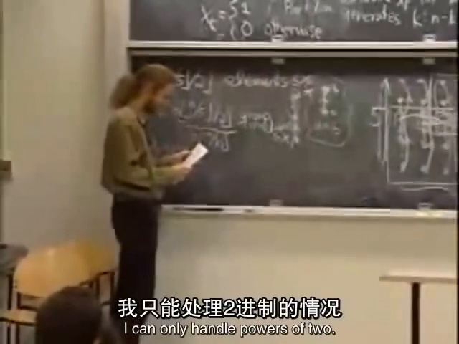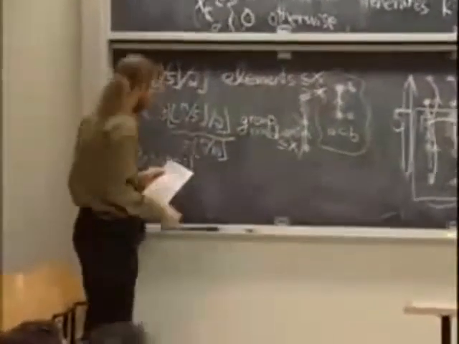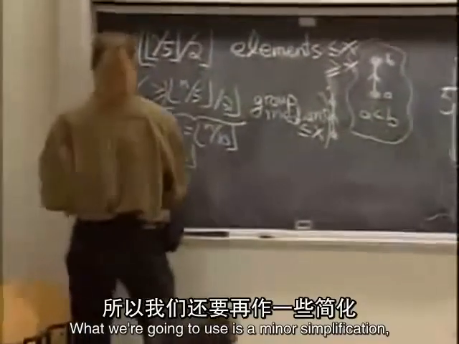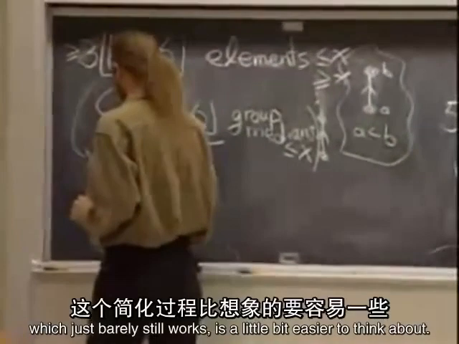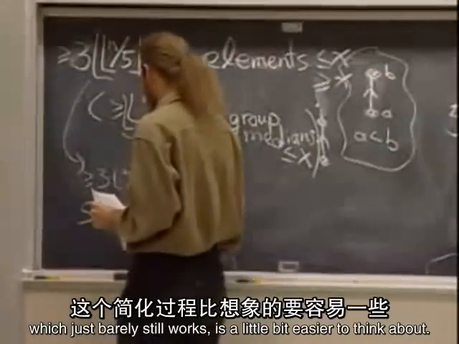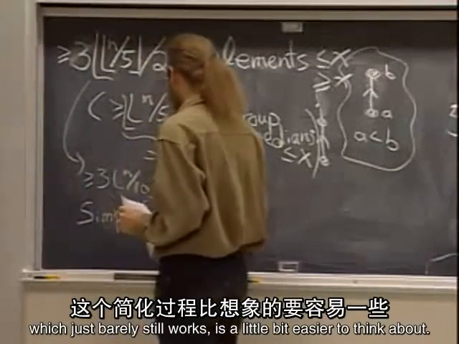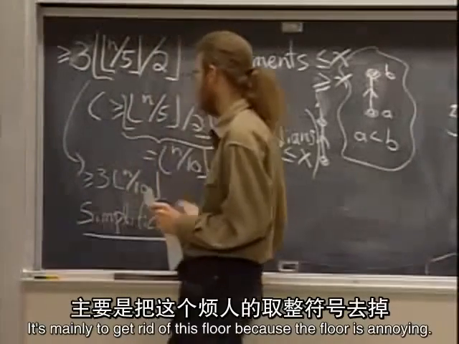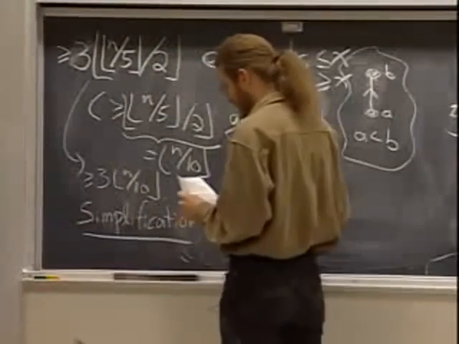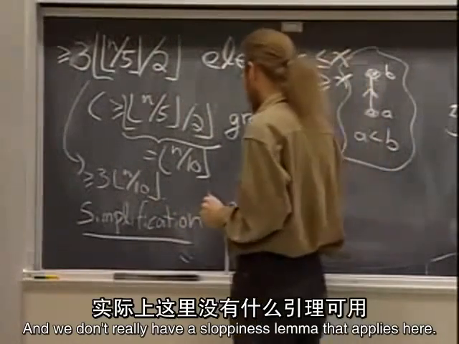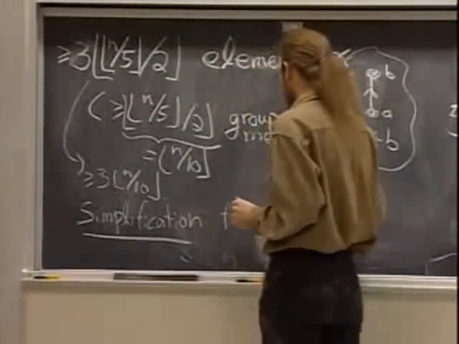I can only handle powers of 2. So what we're going to use is a minor simplification, which just barely still works. It's a little bit easier to think about. Actually, it's mainly to get rid of this floor, because the floor is annoying. We don't really have a sloppiness lemma that applies here.